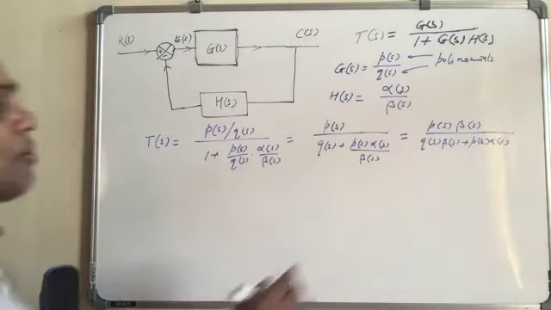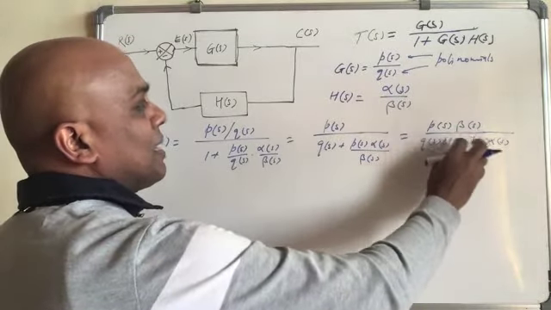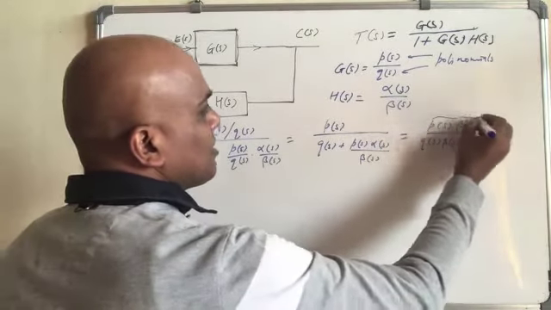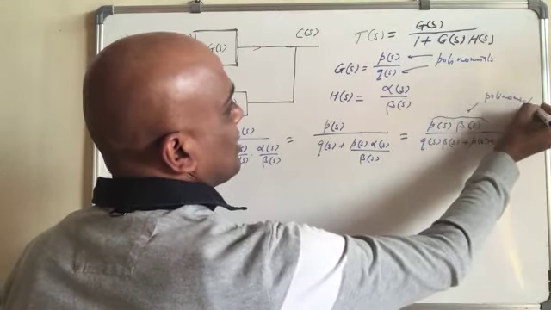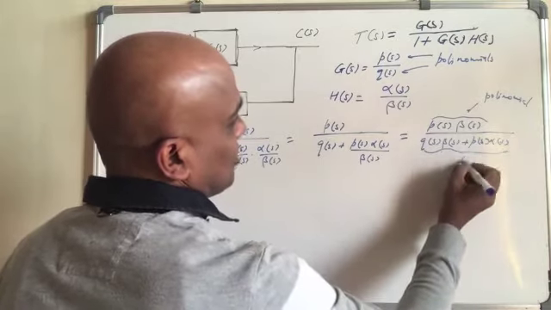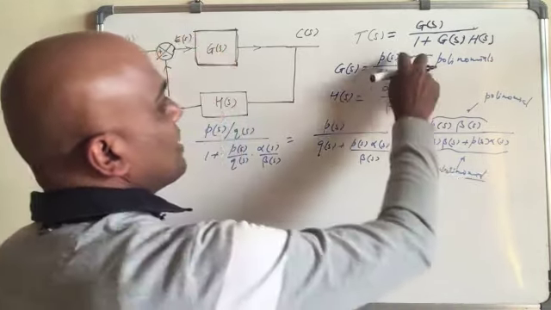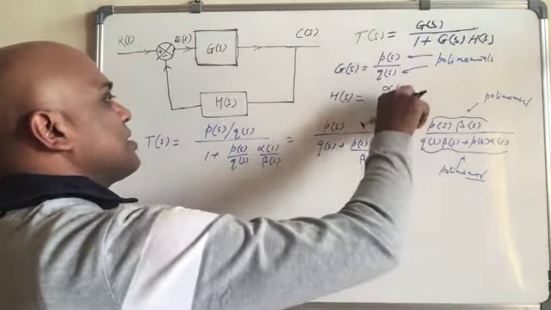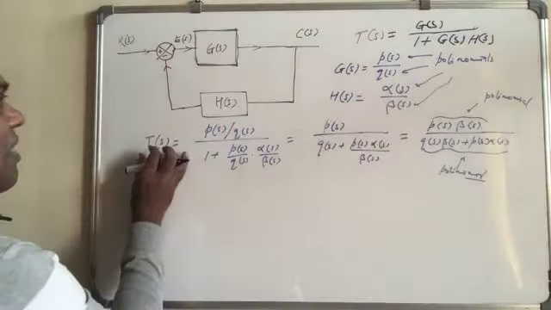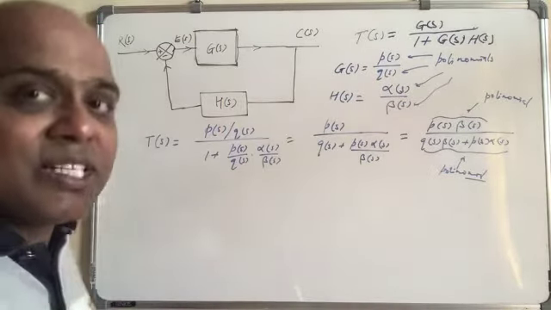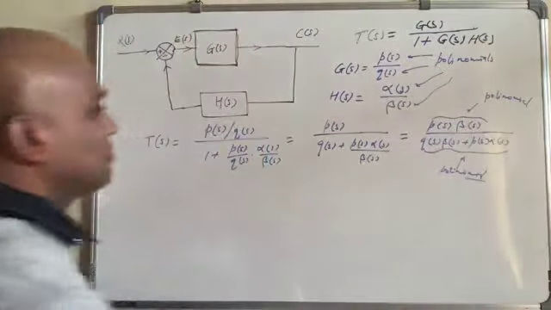So simply, what you get here is a polynomial, another polynomial, and this is also a polynomial. So if these are ratios of polynomials, of course the final transfer function is also a ratio of polynomials.